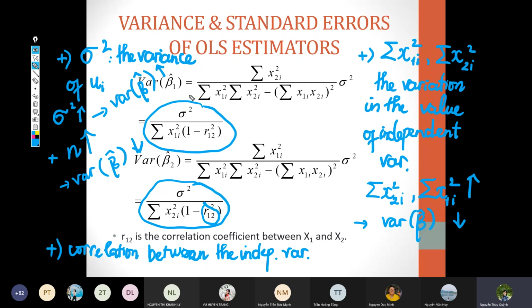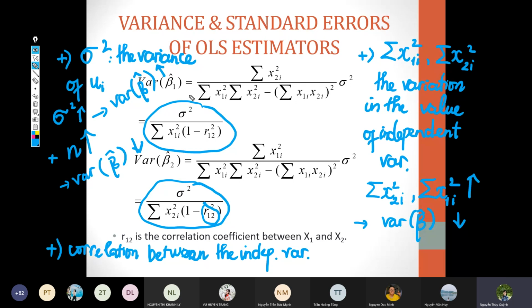It means that when there is a perfect correlation between the independent variables, we cannot calculate the value of beta 0 hat and beta 1 hat. And we call that situation perfect multicollinearity.